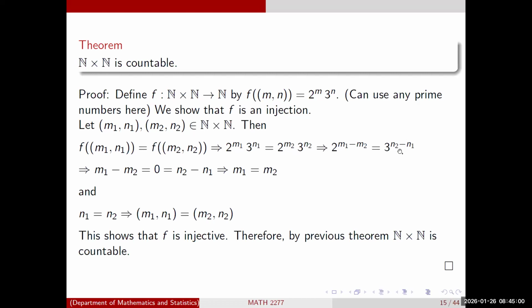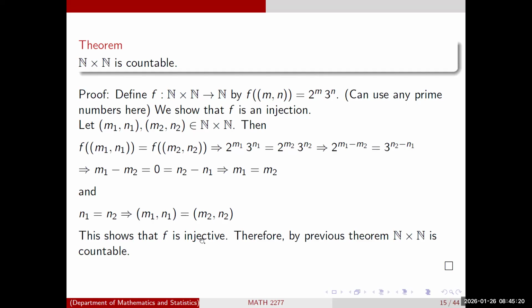The only way this can happen is if this thing is 0. So you get m1 minus m2 equals 0. In other words, m1 equals m2 and n1 equals n2. So the outputs are the same. This shows f is injective.